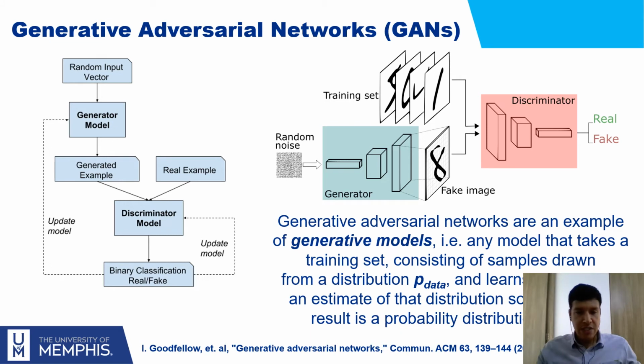This kind of model is composed of two systems. The first system is a generator model, and the second system is a discriminator model. The main idea is to train the generator to produce signals that confuse the discriminator. What do I mean by confuse? The idea is that the discriminator cannot discern between generated signals and signals that actually come from the actual data set.